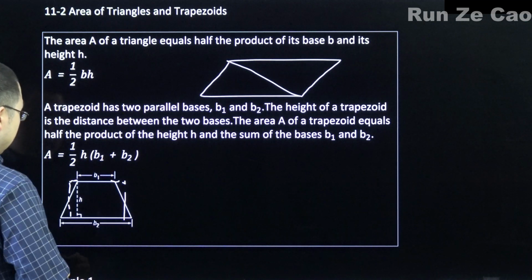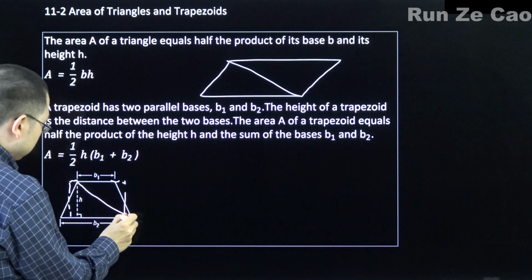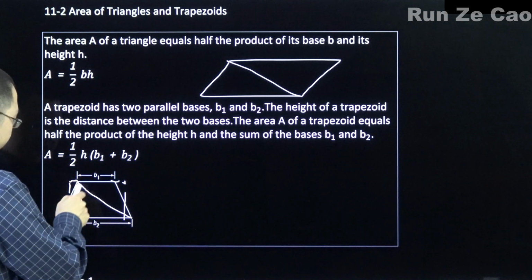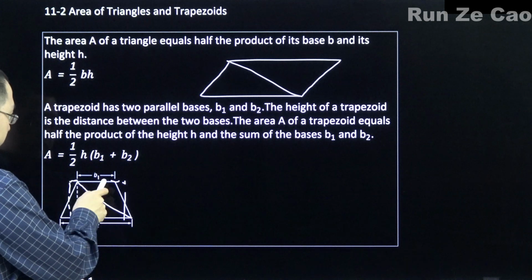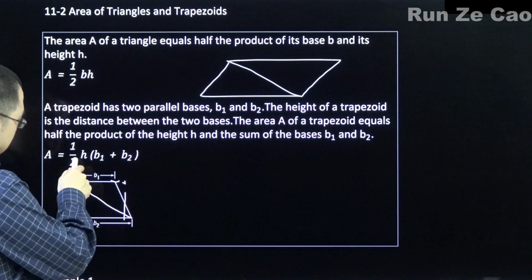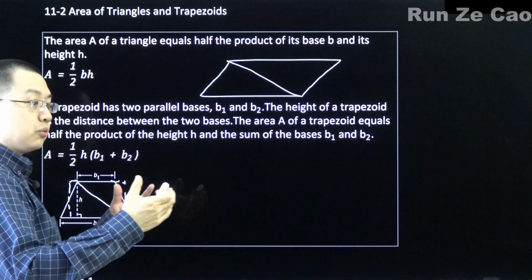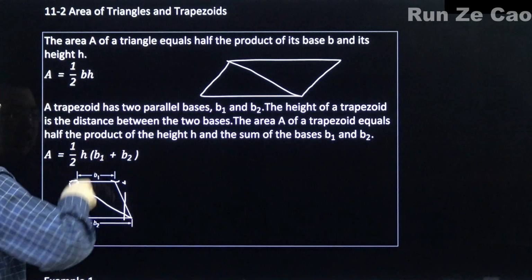Well, the other way is that you draw a diagonal and cut this into two triangles. 1/2 height times the one base and 1/2 height times the other base. And you add them together and you factor out the 1/2 height.